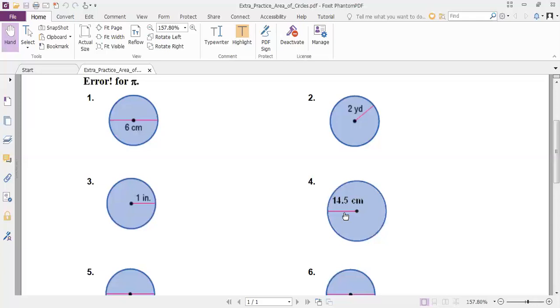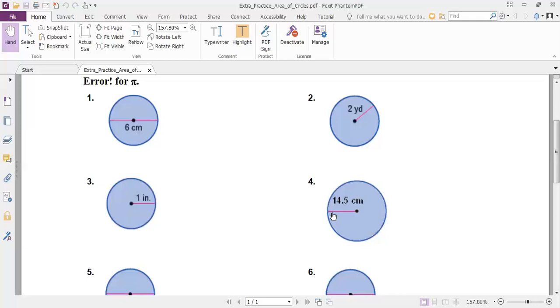We will replace pi with 3.14, and we will replace r with 14.5. So it will be 14.5 times itself, 14.5 times 14.5.